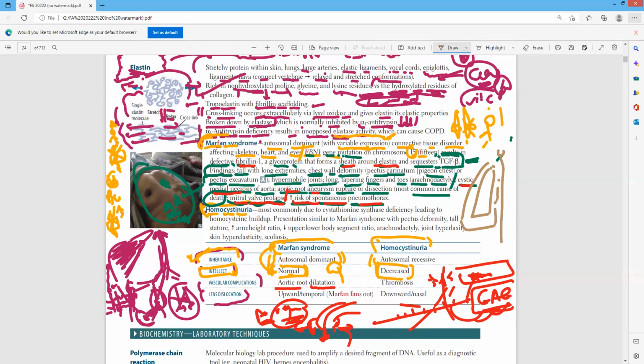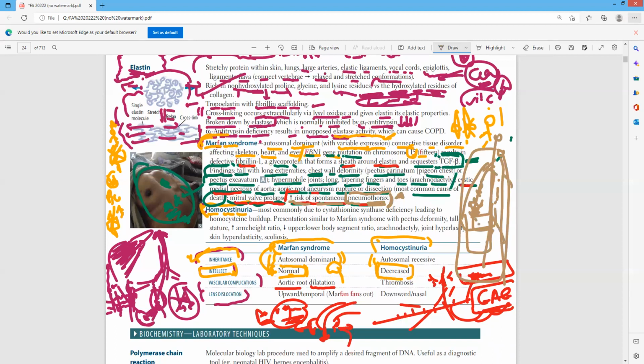Because they are very tall, the alveoli at the periphery may rupture easily. When it ruptures, air gets trapped in the pleura, and air in the pleura is called pneumothorax. This is high yield, but we will see it in the respiratory section.